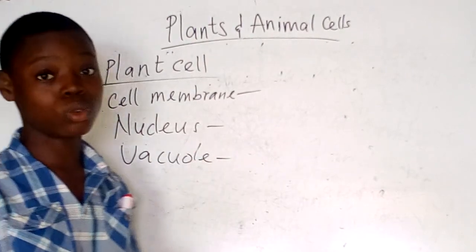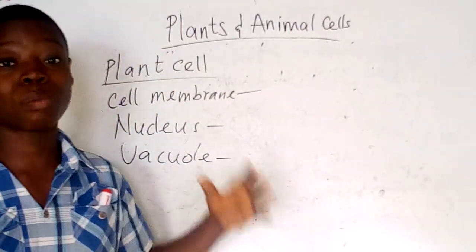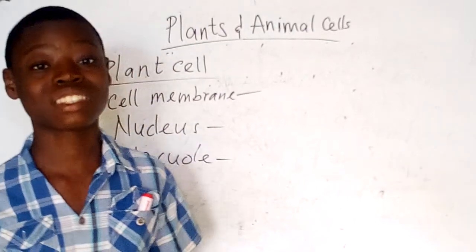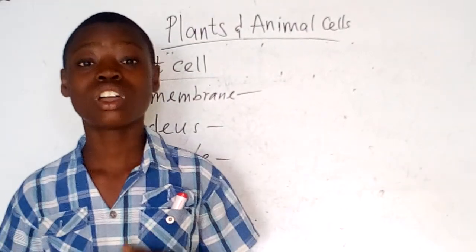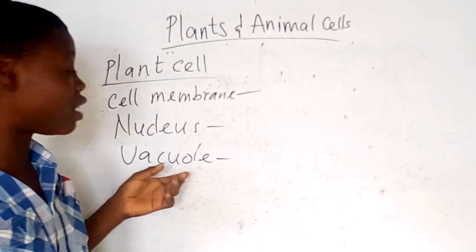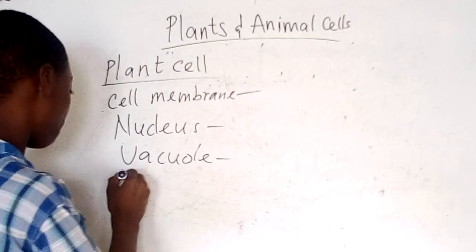Now, what's the vacuole? The vacuole is the biggest part of the plant cell. It stores excess food in the plant, and it also gives the plant some basic shape. So let's take our mitochondria.